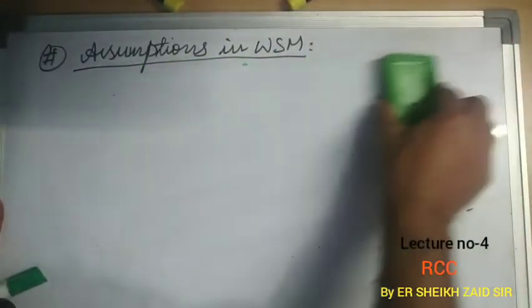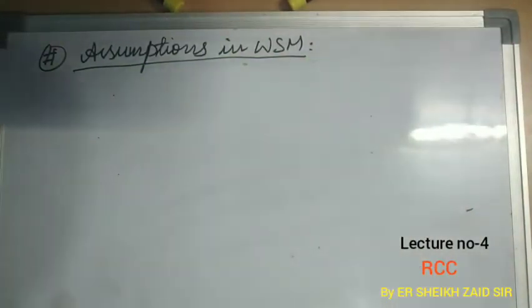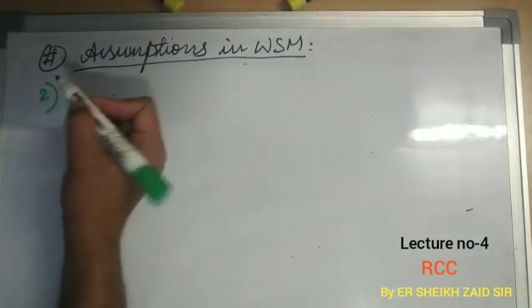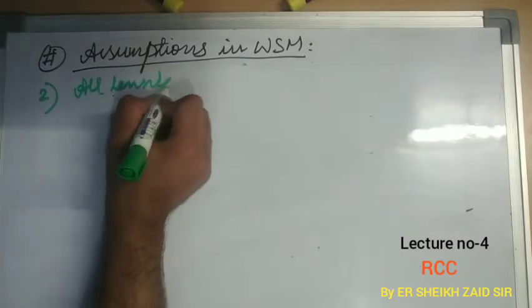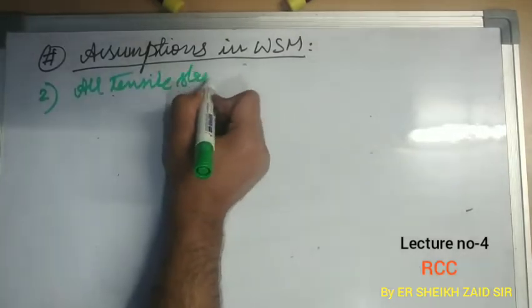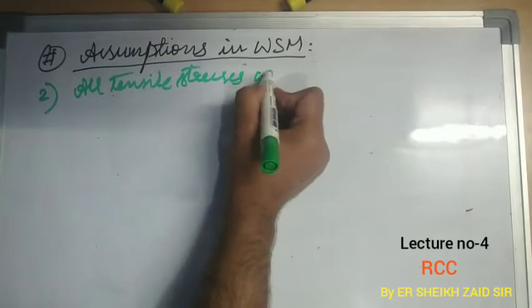Our second assumption says that all tensile stresses are taken by steel only and none by concrete.